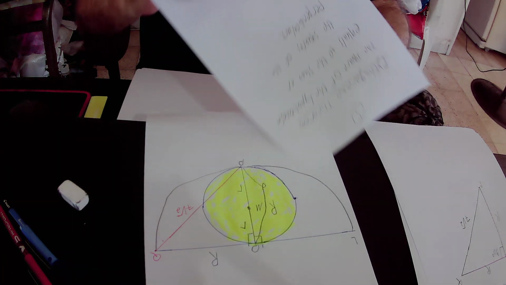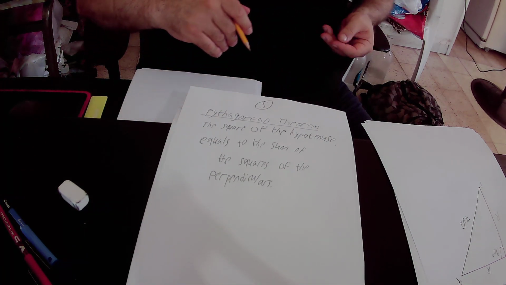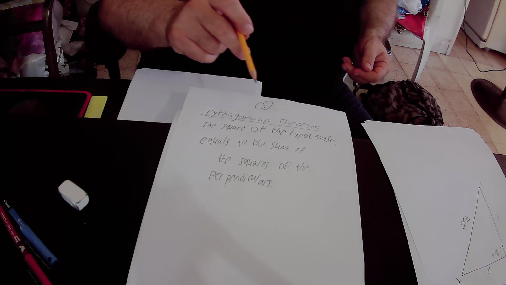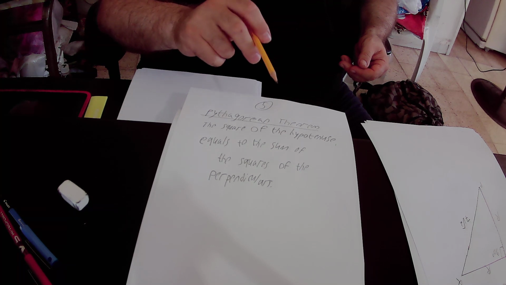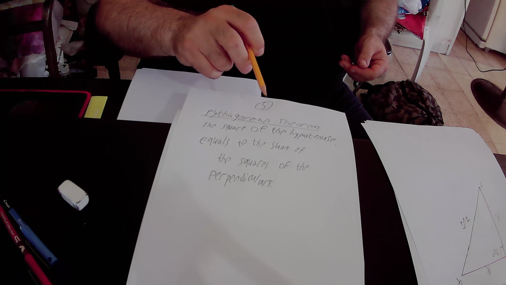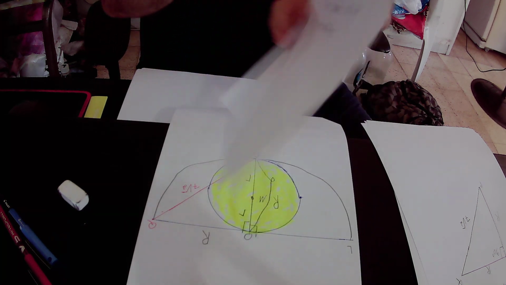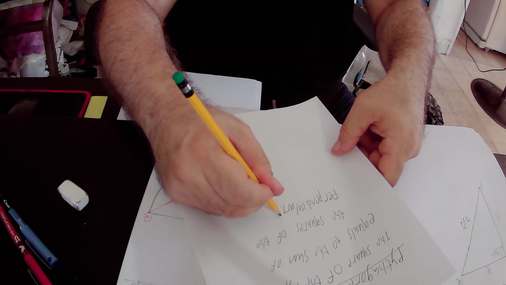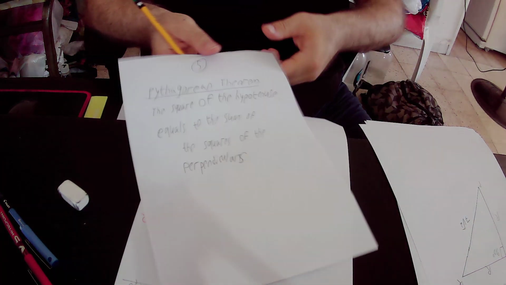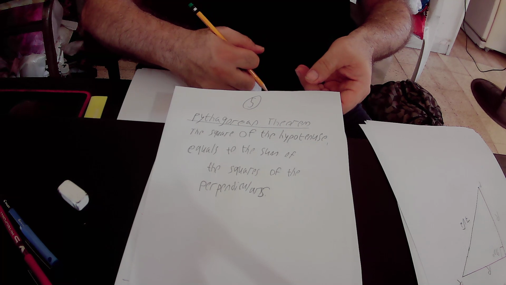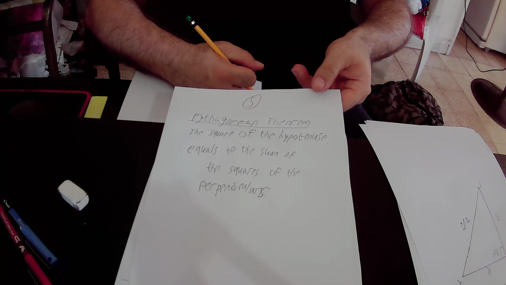We'll read the Pythagorean theorem again. The square of the hypotenuse equals the sum of the squares of the perpendiculars.